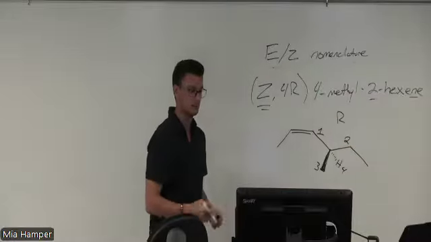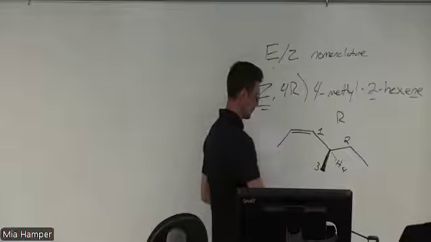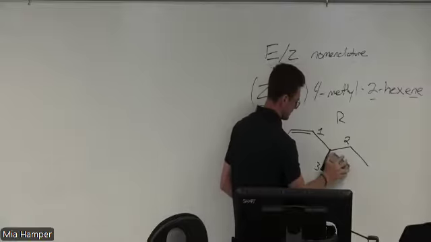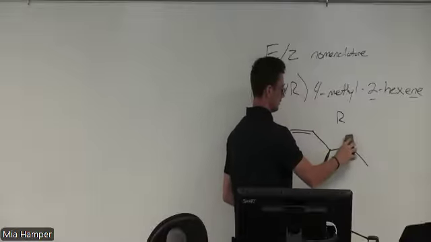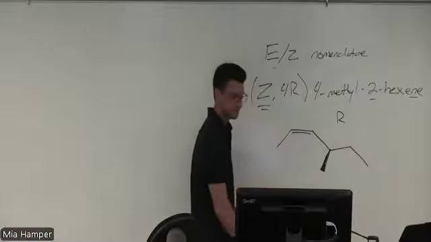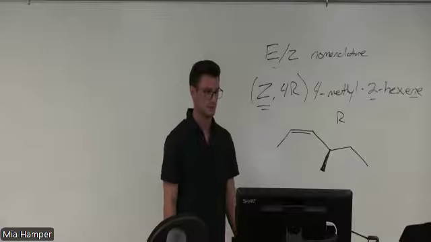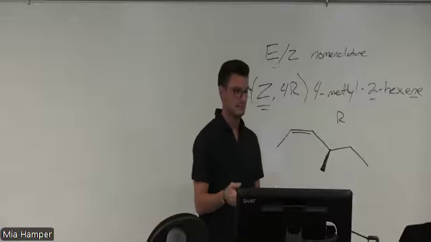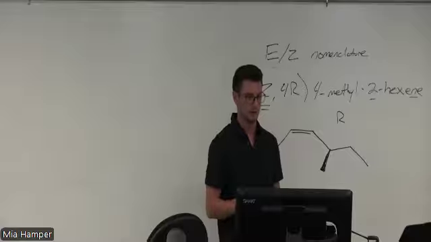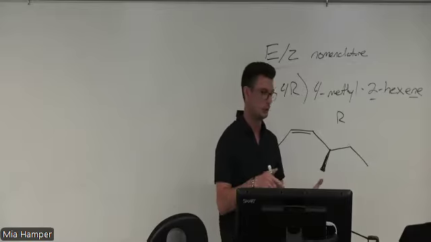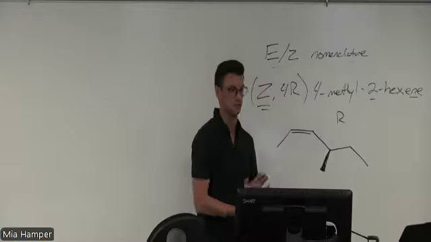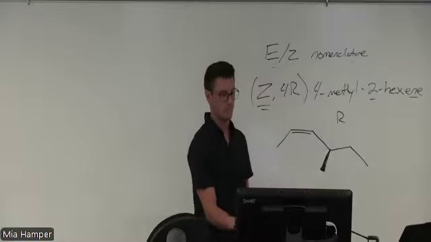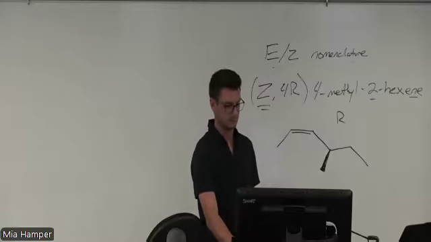We wanted R. Perfect. So this is, in fact, our appropriate finished product. So again, E and Z does tend to tie in a little bit of nomenclature, a little bit of chirality, in which the puzzle pieces are starting to come together to create more complex molecules.